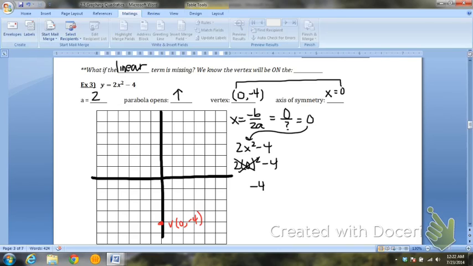I know this graph opens up, so I'm going to draw my parabola extending all the way. And then I'm going to draw a dotted line down the middle. Now, it's following along the same line, so you might not be able to see it, so extend it past the graph so I can see. And then on the side, don't forget to write x equals 0.